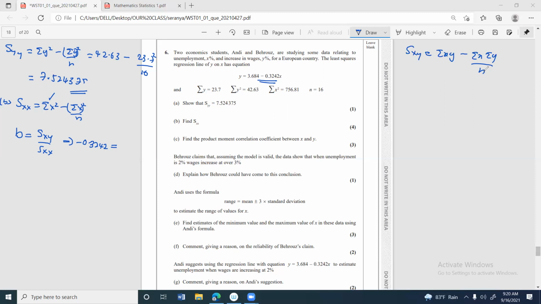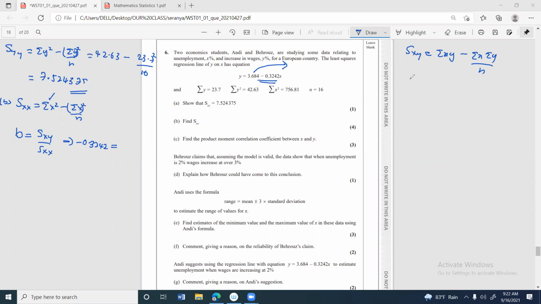There's a small issue with that because for the moment we don't have any other facts. From here also we have a doubt that we don't have any summation x squared.